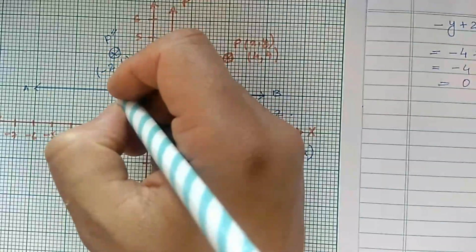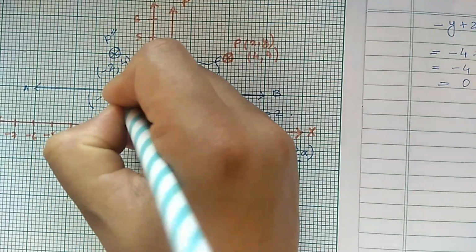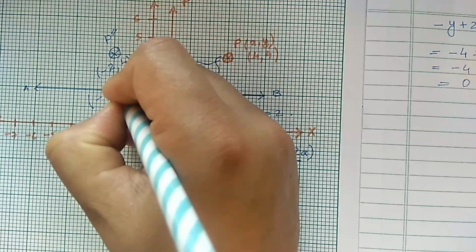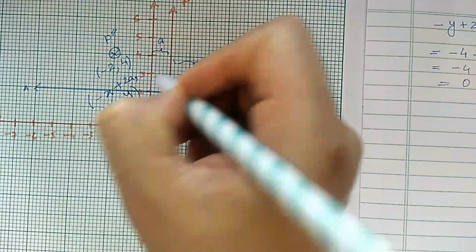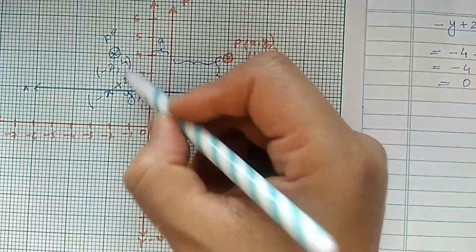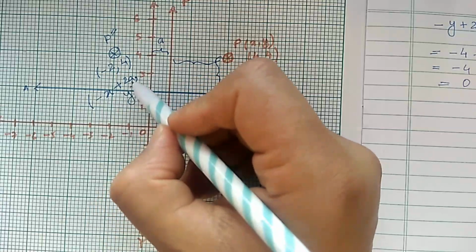What is the formula now? The formula is (minus x plus 2a, y). That means the ordinate or the y coordinate remains the same. The x coordinate or the abscissa becomes minus x plus 2a.